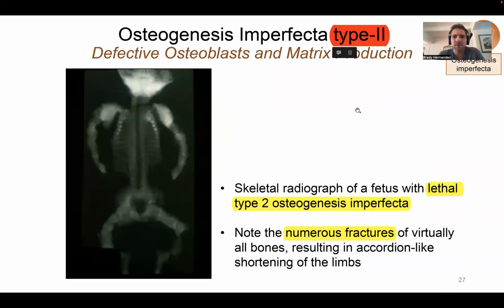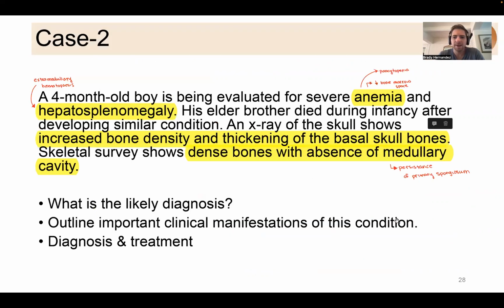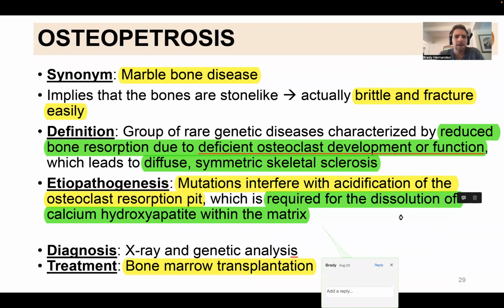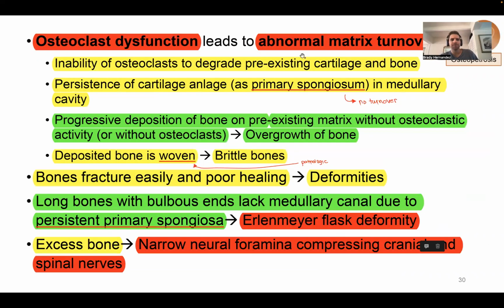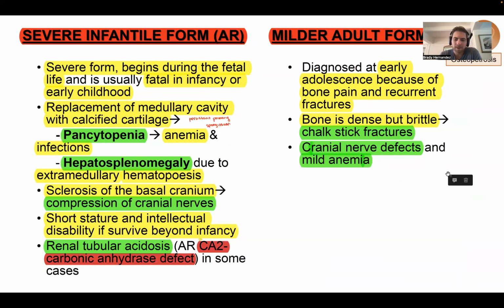The big thing that you see within osteogenesis imperfecta that doesn't involve the bones is the blue sclera, if y'all remember that. Okay, osteopetrosis, you can see here these brittle or marble bones. That's how they define that there. So osteoclast dysfunction, abnormal matrix turnover. Okay, so you end up with these brittle bones.